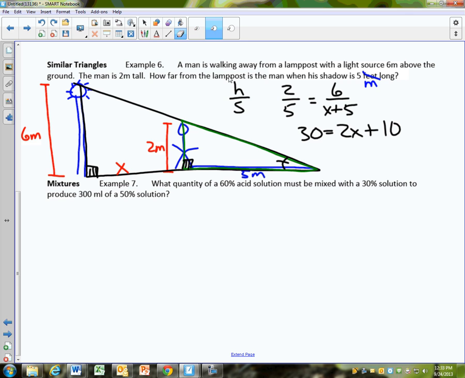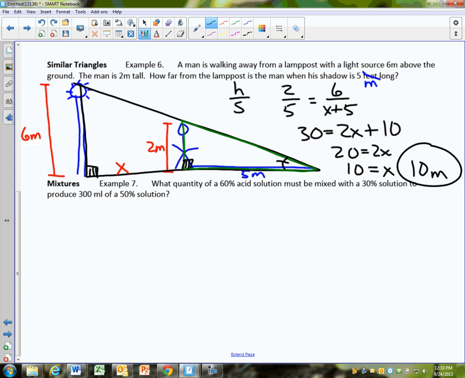Subtract the 10. And I've got 20 equals 2x. 10 equals x. Does that answer my question? The question is, how far away is the man from the lamppost? X does determine that, so 10 meters is correct.